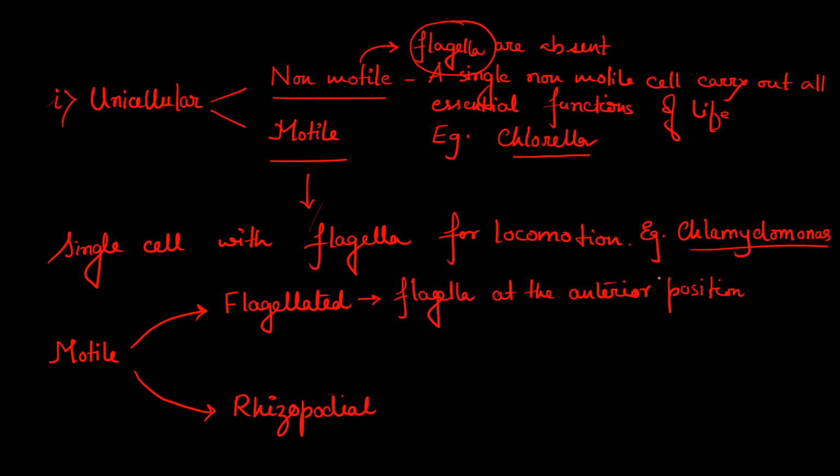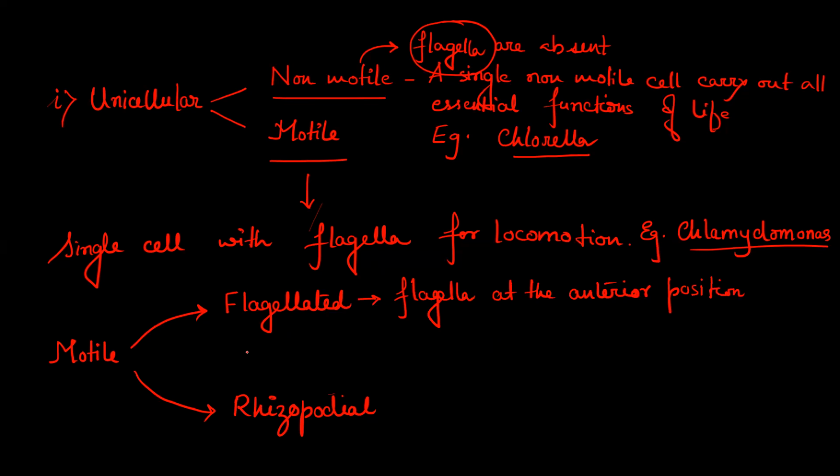Examples you have seen, it is Chlamydomonas. See, both the flagella may be of equal length in Chlorophyceae. And when they are unequal, this type is found in Xanthophyceae or Dinophyceae. Okay.